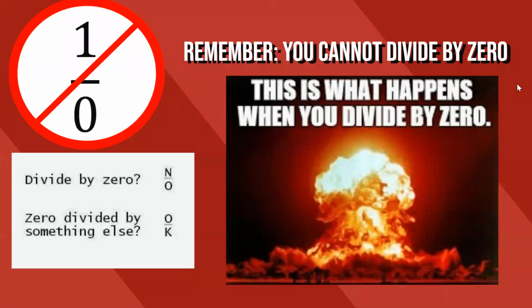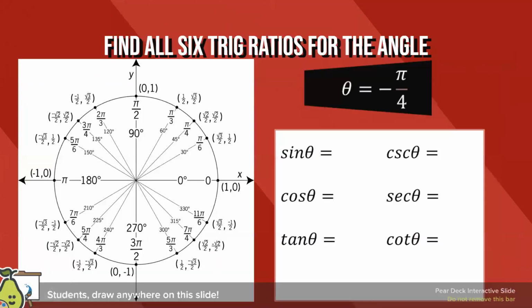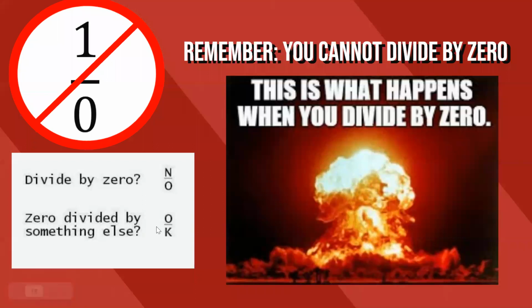So remember, we cannot divide by 0. It is not okay to divide by 0, but what is okay is if 0 is in the numerator. We never divide by 0. Crazy things happen. Remember back in rational functions, what happened when we divided by 0?